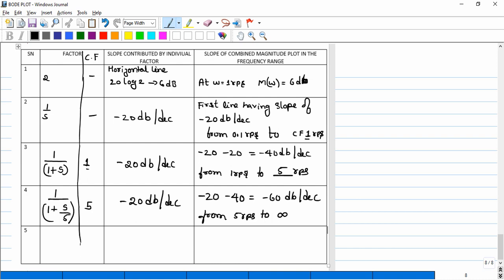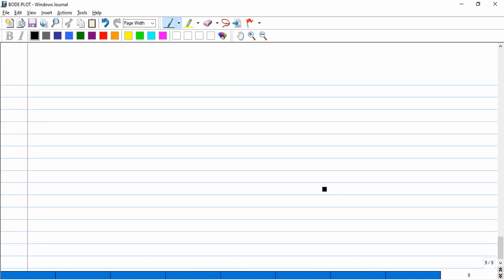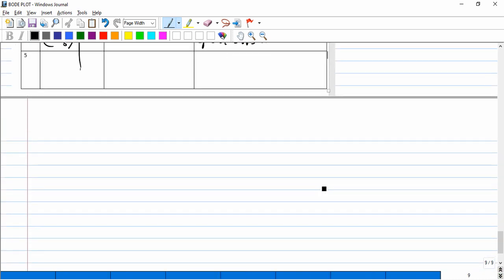So let us consider the next, that is the phase angle plot. This is the representation for the magnitude plot. So let us move on. Let me consider the next. Okay. So that is the phase angle plot.